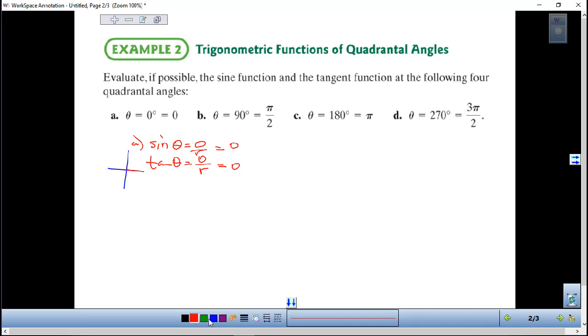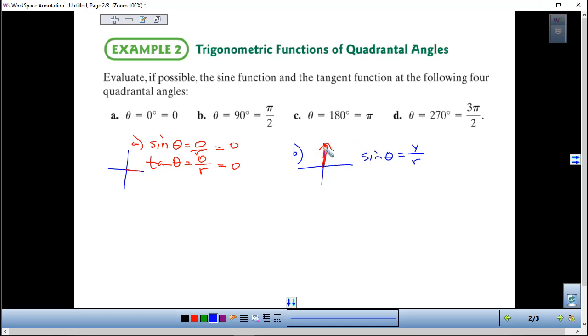Now with the second one, we're going in that direction, and we've got the sine of theta, once again, is y over r, and once again, whatever that value is also going to be the radius, because it's not going off at an angle.